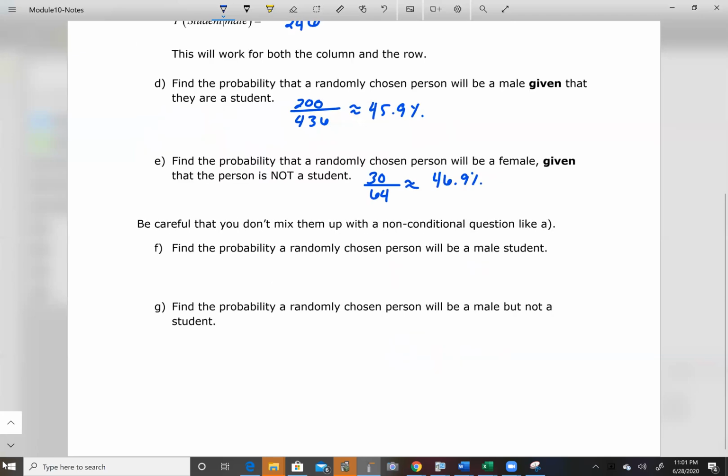So 200 out of 500. That is the same as 2/5, which is the same as 40%.